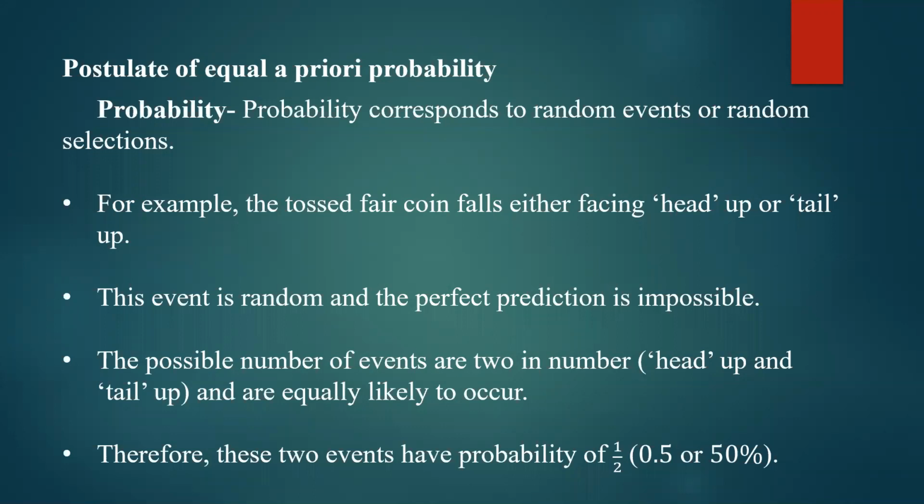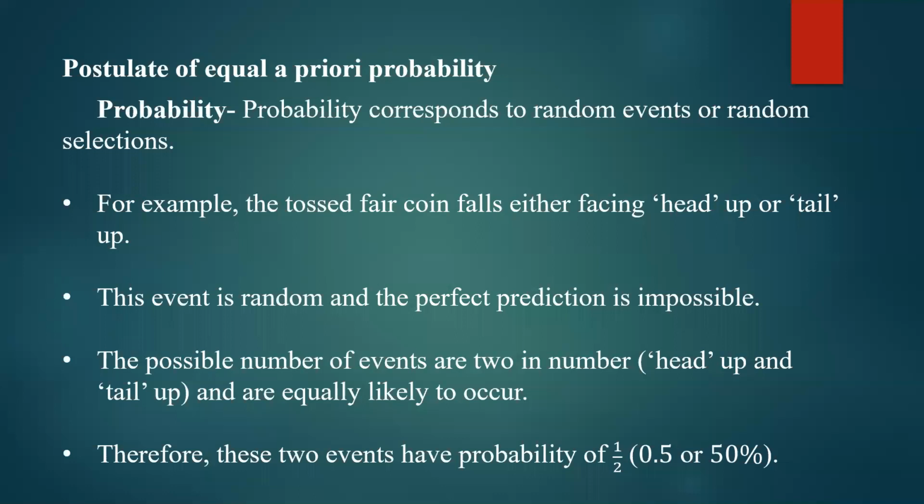This event is random and perfect prediction is impossible. We cannot say whether it shows head or tail. It can show tail or it can show head. The possible number of events is 2, and they are equally likely to occur, so there is no biasing.